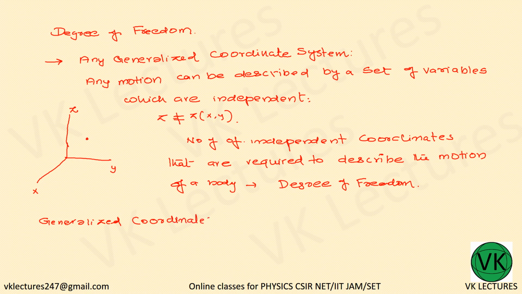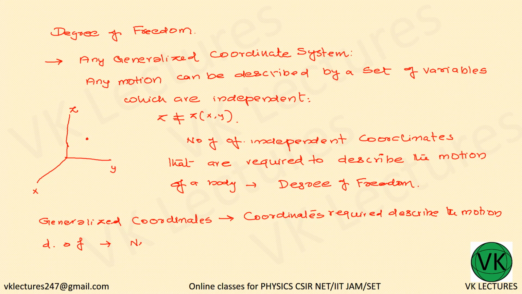Generalized coordinates are the coordinates required to describe the motion. And what about the degree of freedom? Degree of freedom is the number of generalized coordinates, and these must be independent.